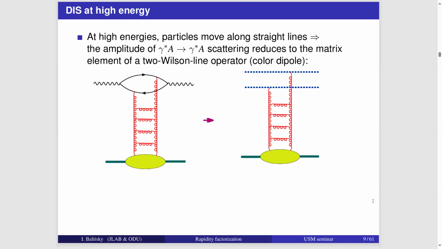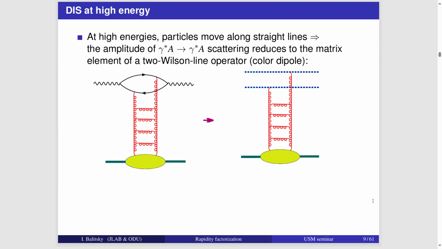So let's consider, as an example, deep inelastic scattering at high energies. At high energies, particles move along straight lines, and the amplitude of virtual photon scattering reduces to a matrix element of two Wilson line operators, which is called a color dipole. I think this term was coined by Boris almost 50 years ago.